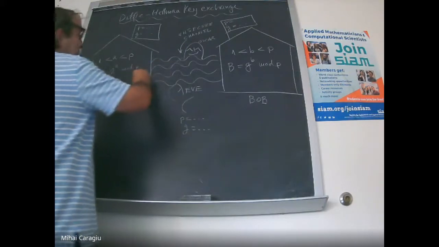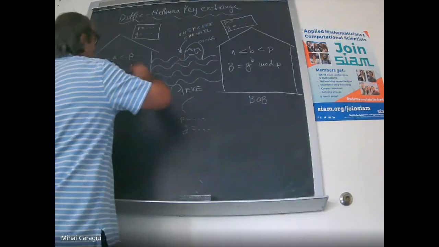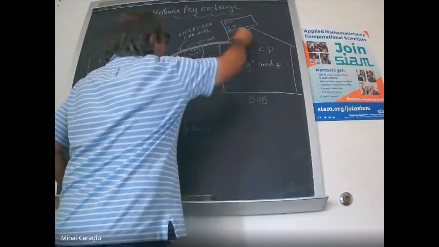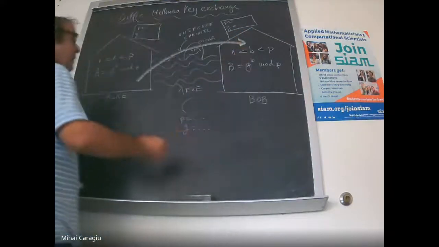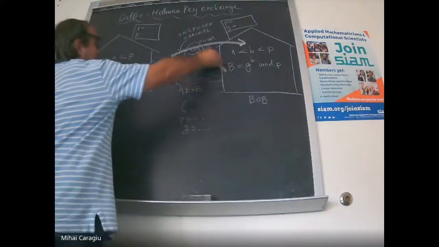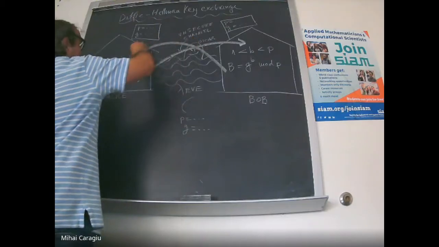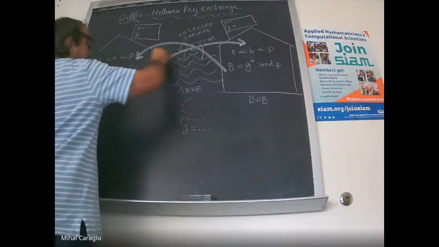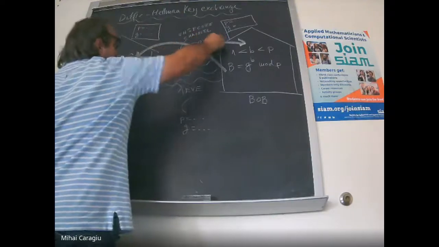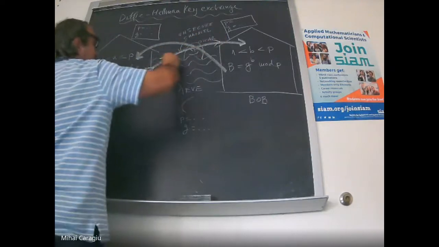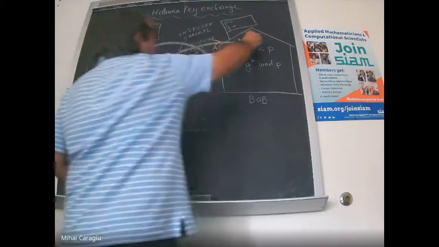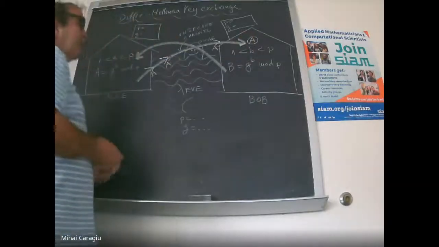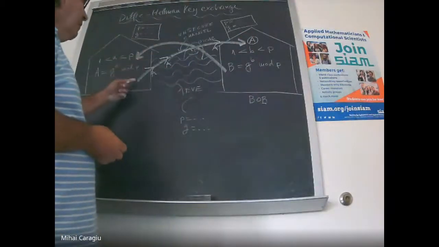So over the channel, we have this capital A going from Alice over to Bob, and capital B going from Bob over to Alice. So Bob knows now the capital A coming from Alice.